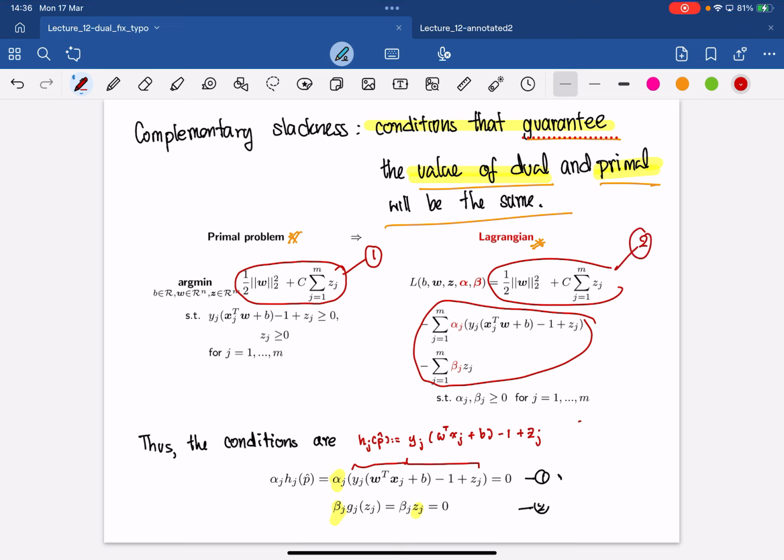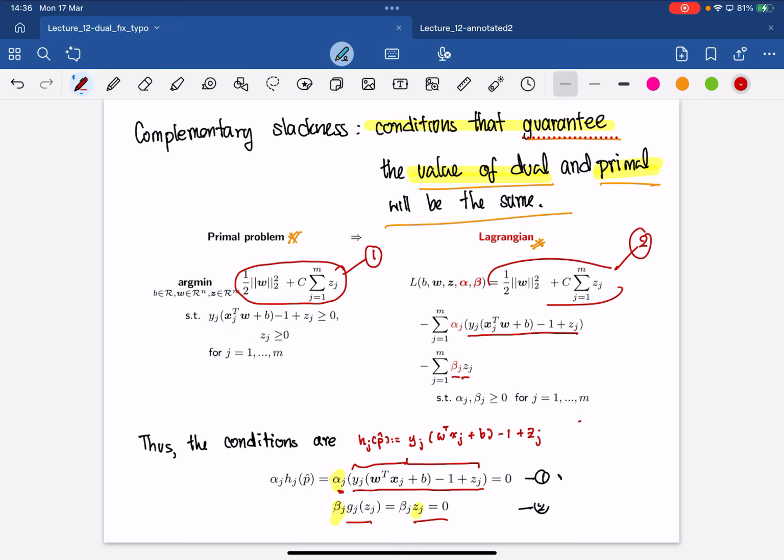So that means all of these terms have to be equal to 0. That is a complement. So the complementary slackness will be the condition in which these are 0. So this means that it is the condition where alpha j times this term equals 0, and the condition where beta j times xi j equals 0.